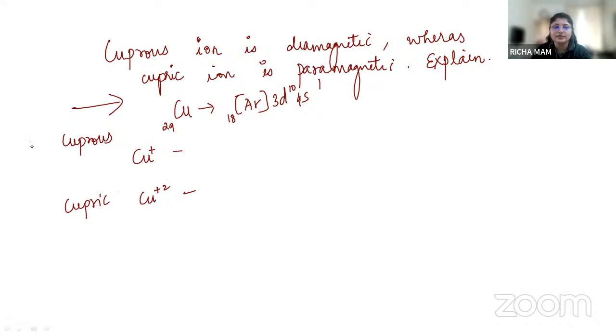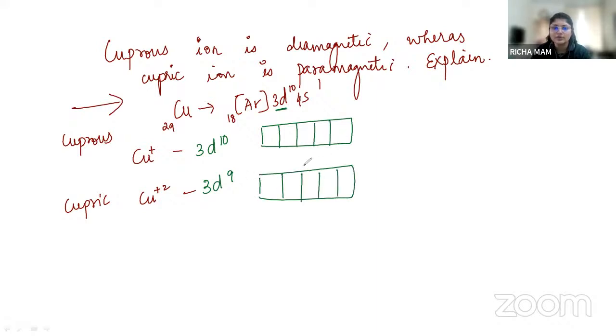So write this now. Cuprous, +1, means it will be a 3d10 system, and cupric, +2, means it will be a 3d9 system. So write the electrons: 1, 2, 3, 4, 5 and 1, 2, 3, 4, 5.